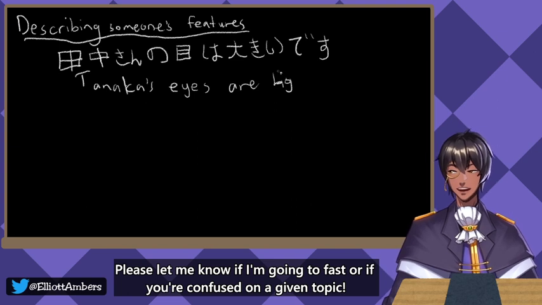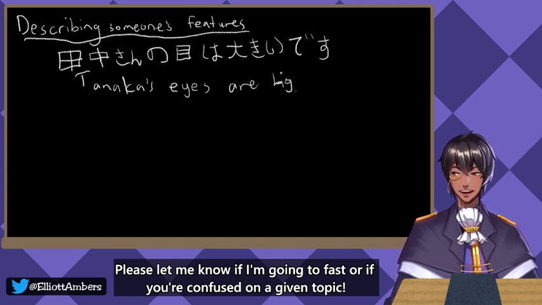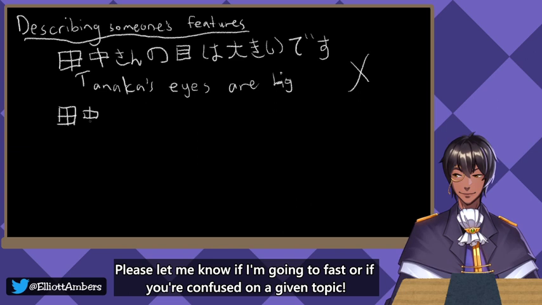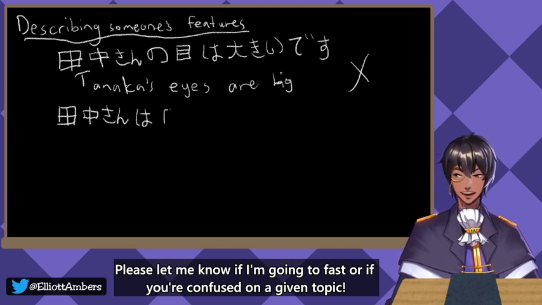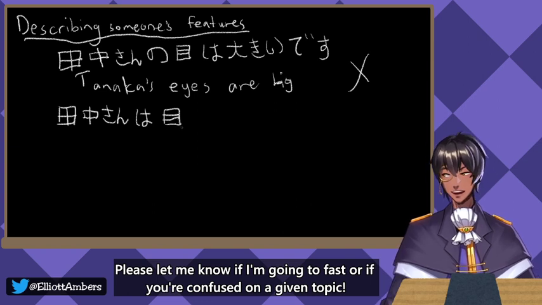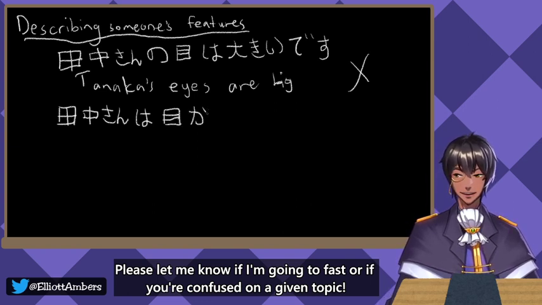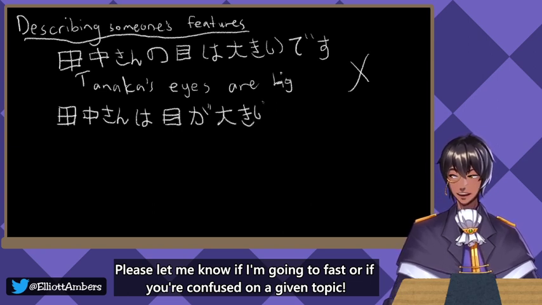This is very literal. But in conversational Japanese, what would be more natural to say would be a sentence like this. We'll just mark this as X. Then we're going to say, we want to talk about his eyes. Tanaka-san wa me ga ookii desu.